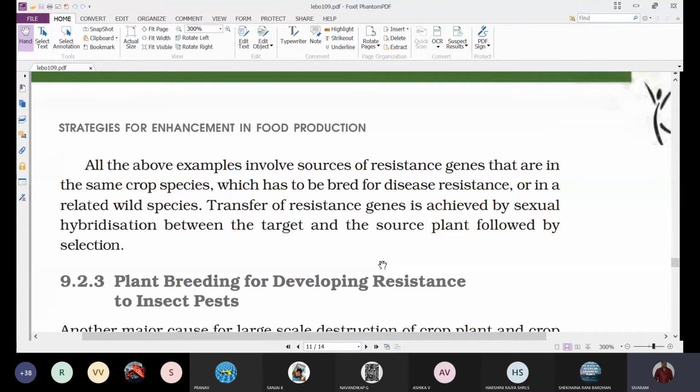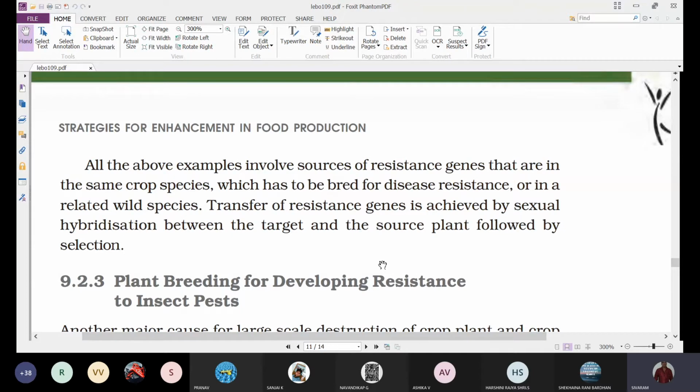Here we discussed some examples in which the gene for resistance against certain diseases is present in wild relatives, and we introduce that gene into the cultivated crops. Transfer of resistant genes is achieved by sexual hybridization between the target and the source plant, followed by selection. So here we are undergoing conventional breeding.